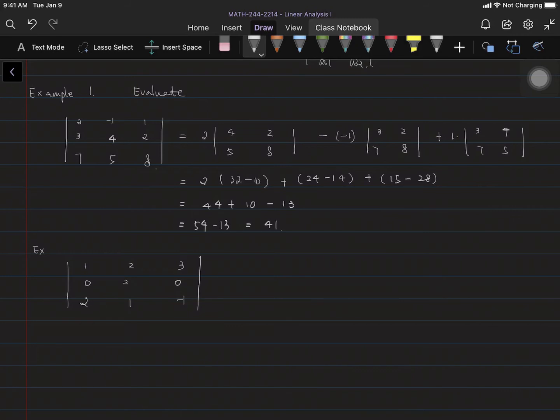We can use the second row to expand. You can use the first row, same as our example, or cross product, but the second row is a little bit easier. I'm going to give you the solution here. I'm going to use the second row to expand.